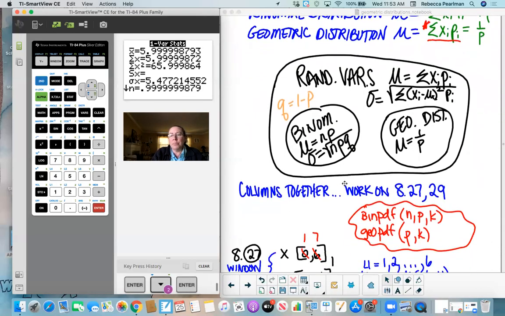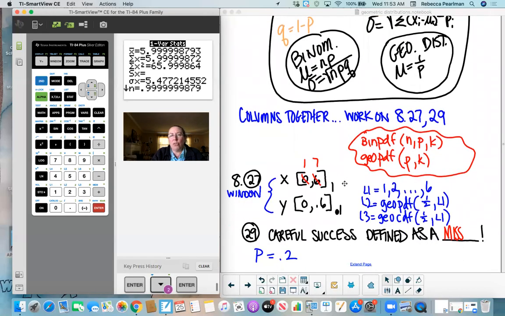In class, I would have had you work together on 27 and 29. Take a look at it now quickly. What's tricky about 27 is that you have to manually set the windows. And again, you want to remember that we're starting with 1. It's not wrong to go from 0 to 6, and if you remember in chapter 1, I said go a little bit below the lowest and a little bit higher than the highest. But here I'm just emphasizing that you can't have x equals 0 in a geometric.